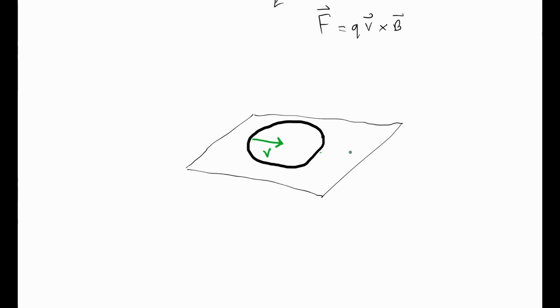Now, two parts of the loop are moving through the magnetic field. And let's just draw those B vectors again.